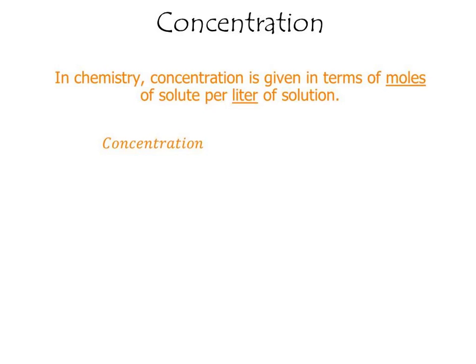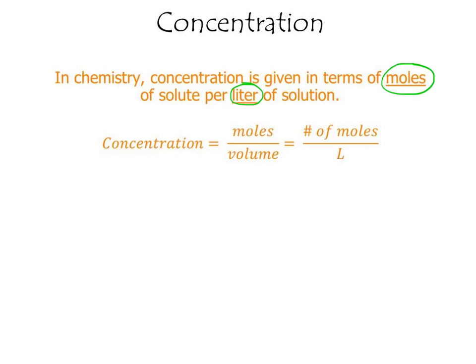In chemistry, concentration is always given in terms of moles of solute per liter of solution. So if you notice, I've underlined moles and liters because those are our units that we will use to determine the concentration. And concentration is always equal to the moles over volume, or number of moles per liter.